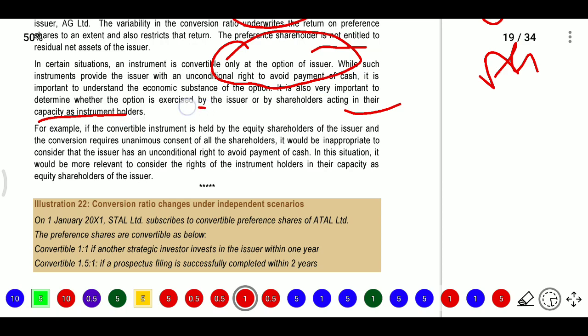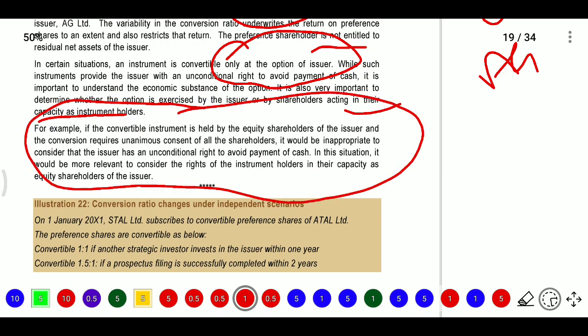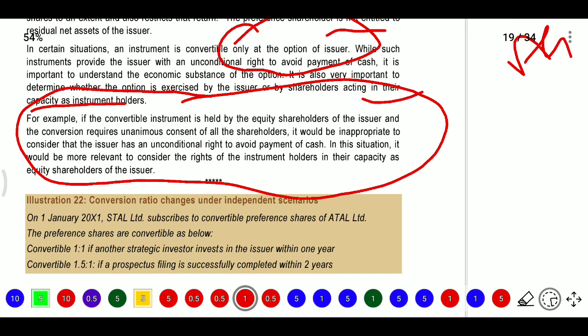For example, if convertible instruments are held by the equity holders of the issuer and conversion requires unanimous consent of all shareholders, it would be inappropriate to consider that the issuer has an unconditional right to avoid payment of cash. Even though approval of all shareholders is required, they do not avoid the payment of cash. So here it is more relevant to consider the right of the instrument holder.